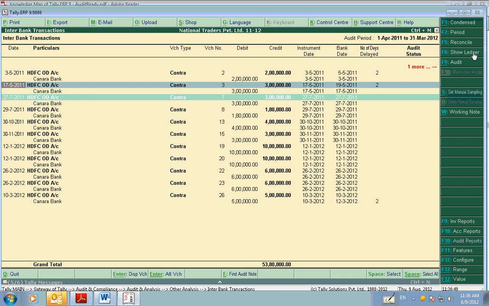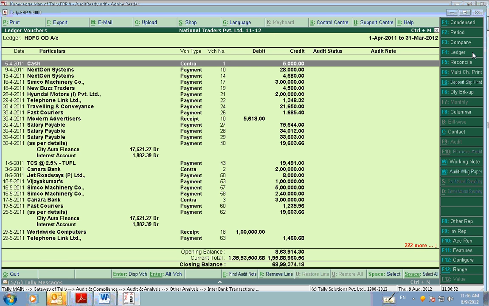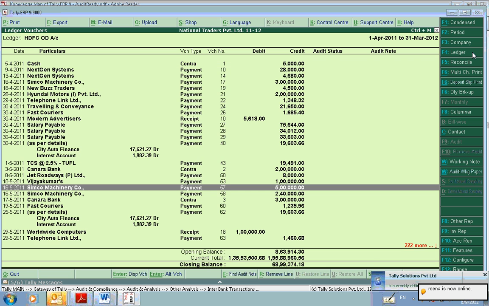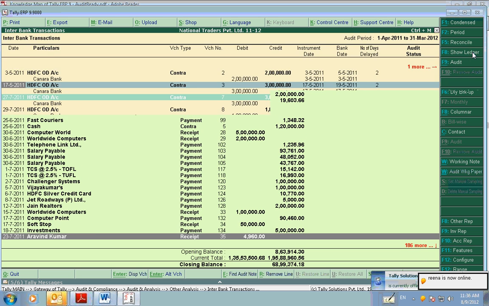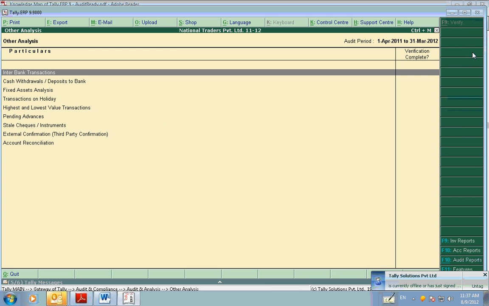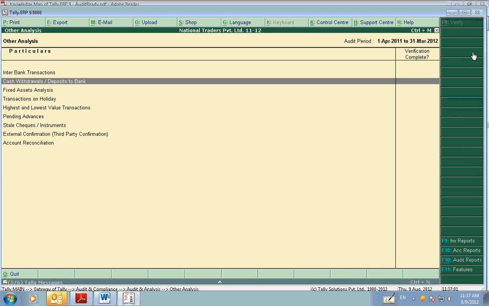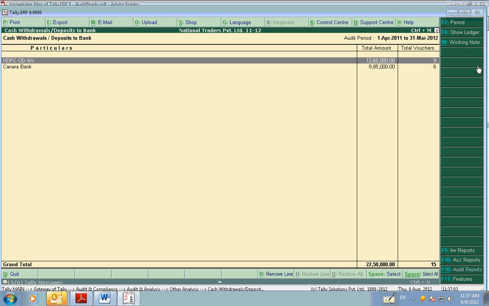So if you want to check the ledger-wise details of transactions, you can have the account of the same information and the same can be checked. Right? So now coming to cash withdrawals and deposits to bank. Here you have a regular account having 12,65,000, total 9 vouchers. So what exactly is this?